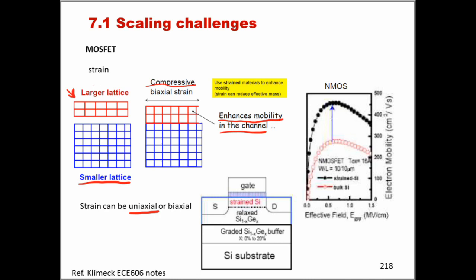So strain has been effectively used for quite some time, and still today is used as an effective tool to further modify and improve the mobility of our charge carriers in the channel.